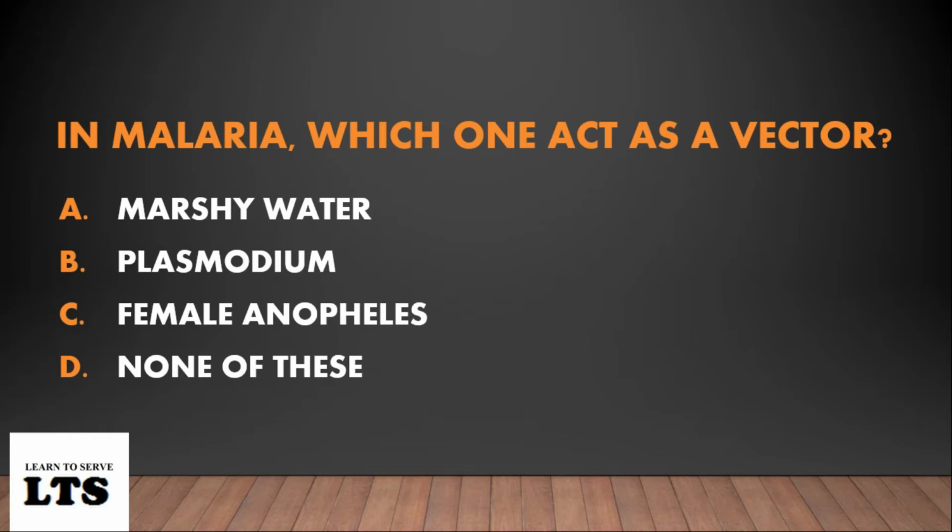Option A, marshy water. Option B, Plasmodium. Option C, female Anopheles. Option D, none of these. The answer is option C, female Anopheles.